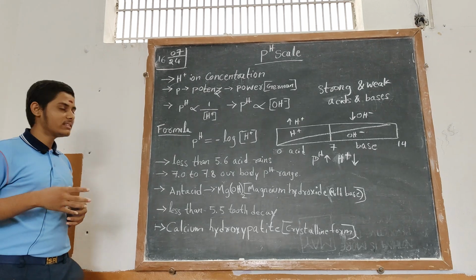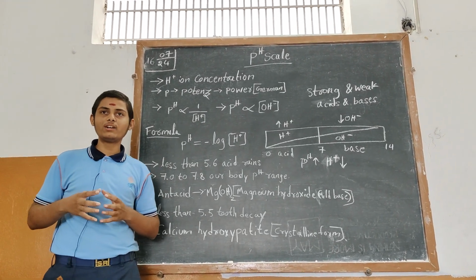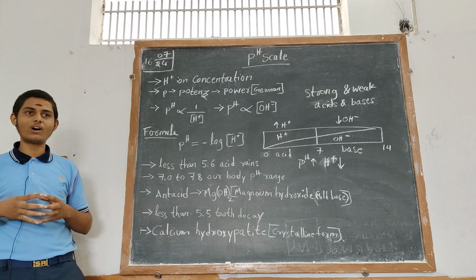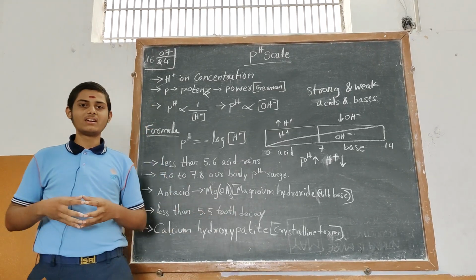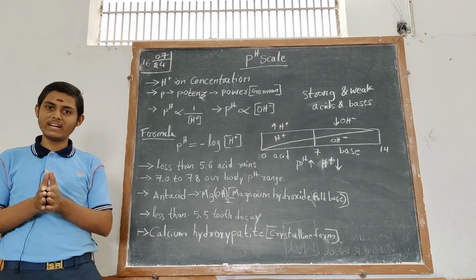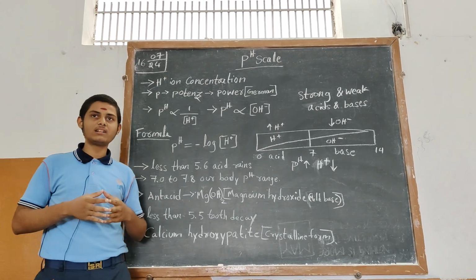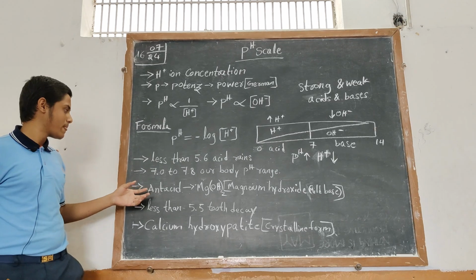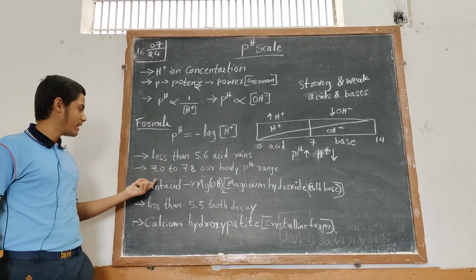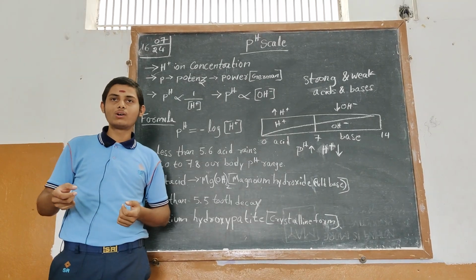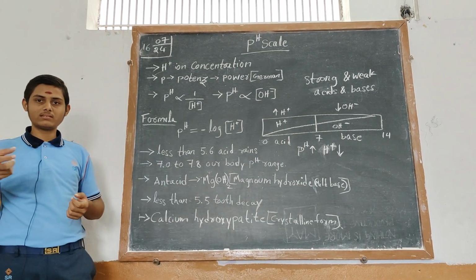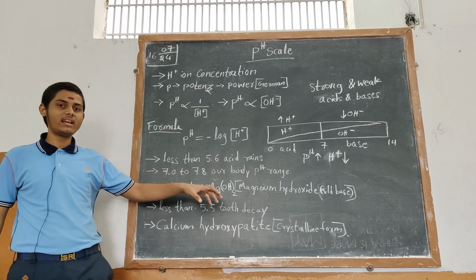Now the pH in the soil. Have you ever thought of what the pH would be in our grounds? Plants are also living organisms, and they are also very sensitive to pH. There is an activity to test the pH of soil.